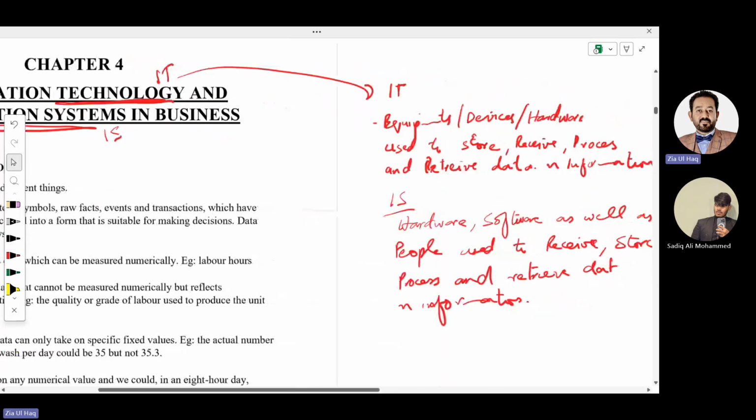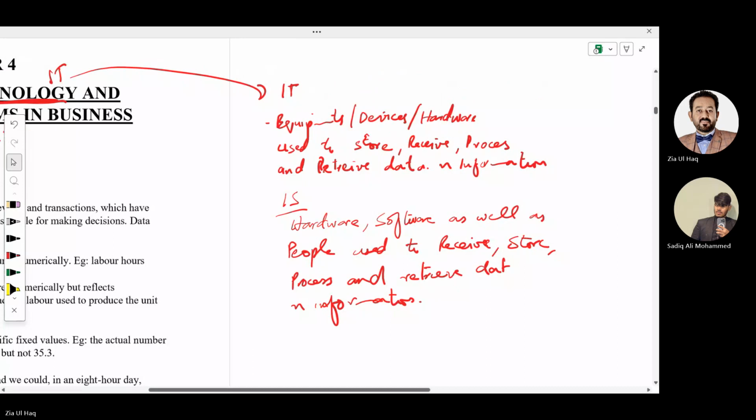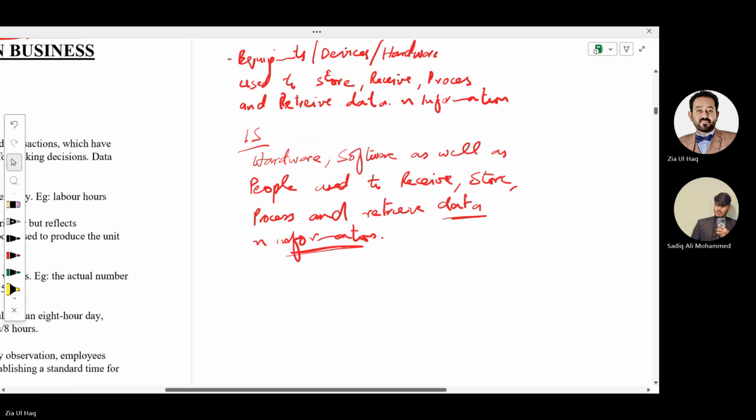What is the difference between data and information? Is there any difference between data and information? What's the difference? Data mean raw facts, figures that doesn't provide any meaning.